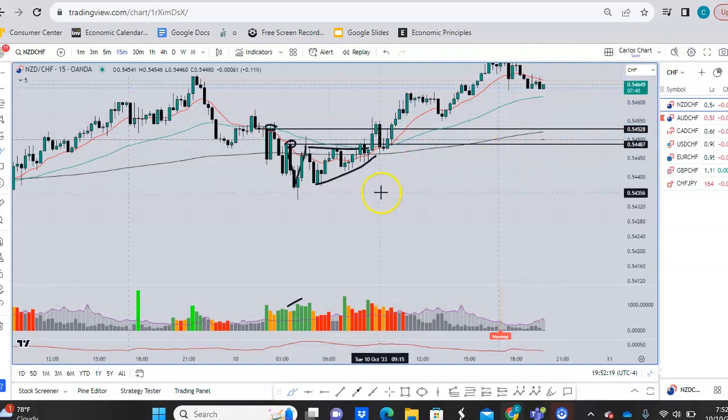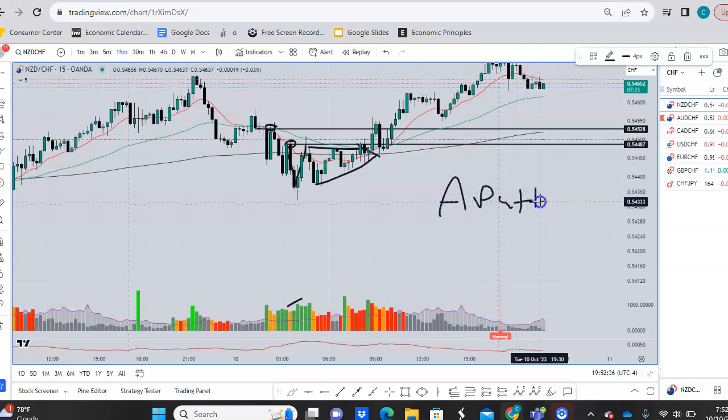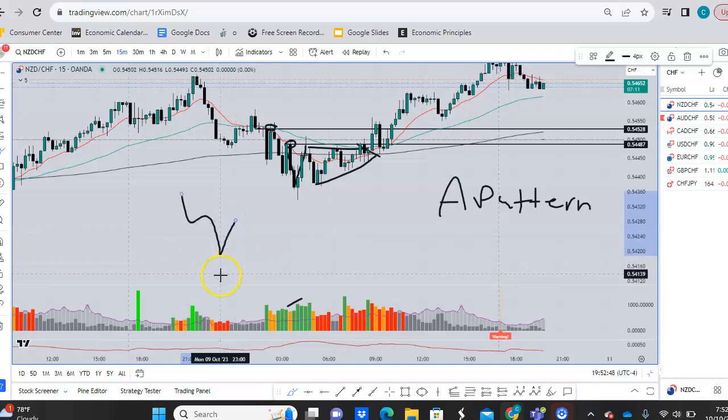So I entered at these prices because of the pattern that we had here. So this to me was an A pattern where the last guy didn't have volume, but the volume is around here.